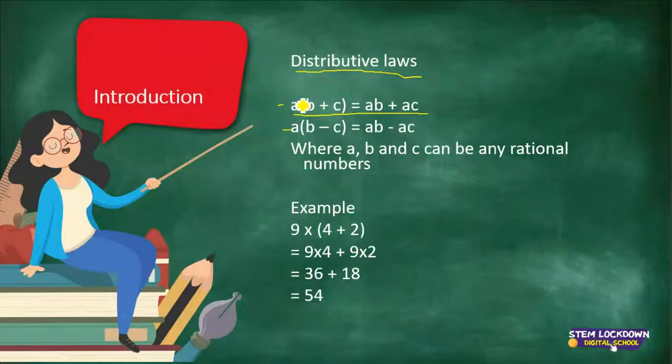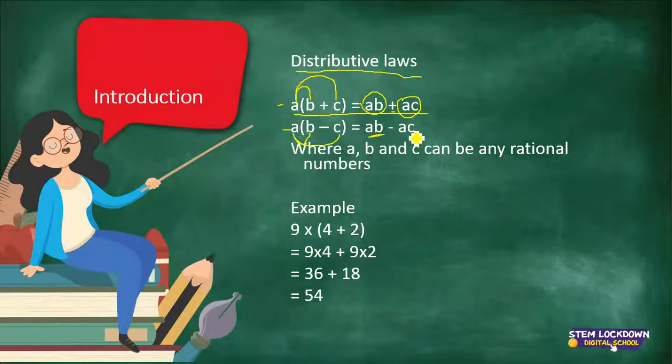So it will be A times B, there's AB, plus, there's your plus, and then A times C, there's AC. If I'm subtracting the terms within the bracket, then I'm distributing A. So the answer will be AB, or A times B, and then minus A times C, AC.